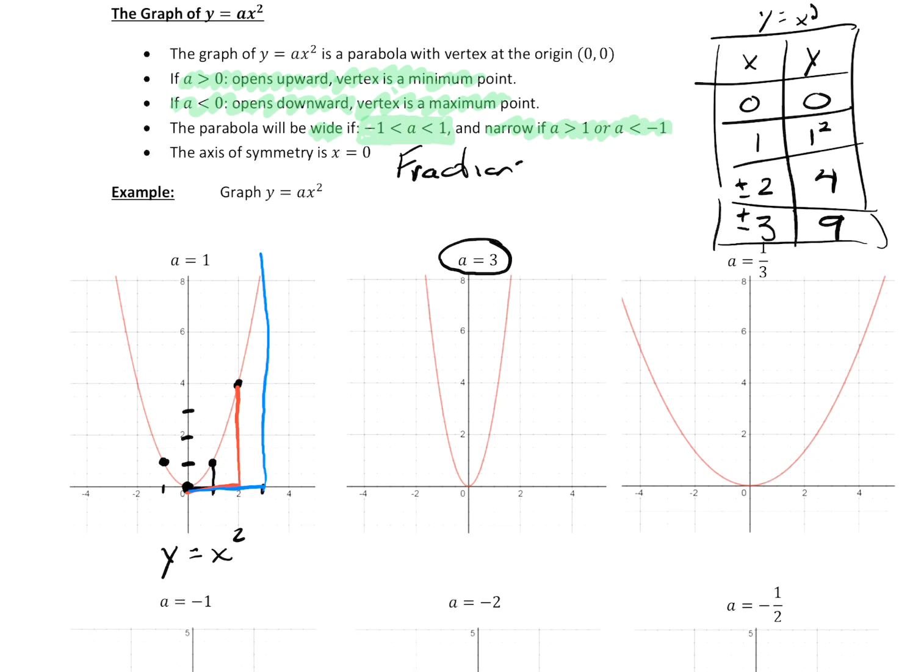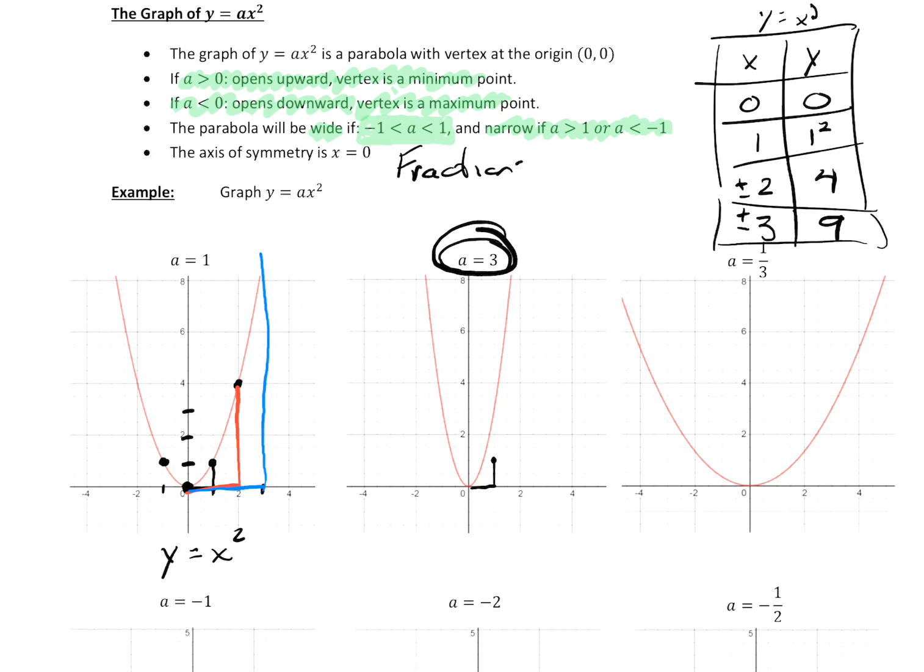Now, for the original, it was over 1, up 1. But if you're multiplying x squared by A, whatever you go up, multiply that by A. So in the basic, it's over 1, up 1. That's a basic graph. But A is 3, so you're multiplying your y value by that 3.